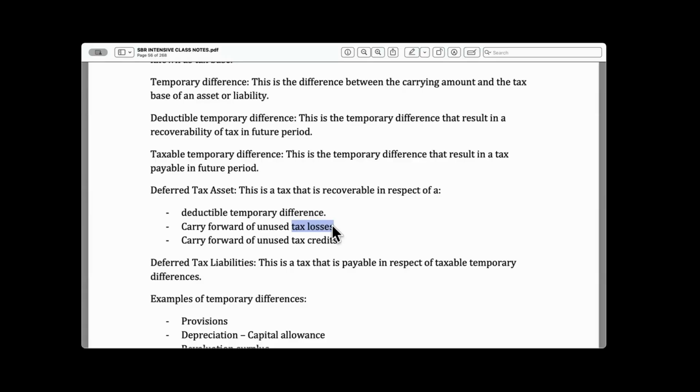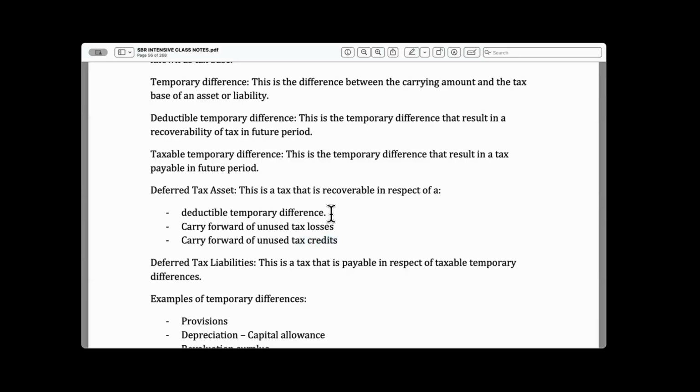So that's a deductible temporary difference, and you can consider it in determining your deferred tax assets. Also, when you have unused tax credits, like withholding tax credits or capital allowances, you can also use them to determine your deferred tax assets. I don't know whether it made sense, but it's supposed to be a revision.